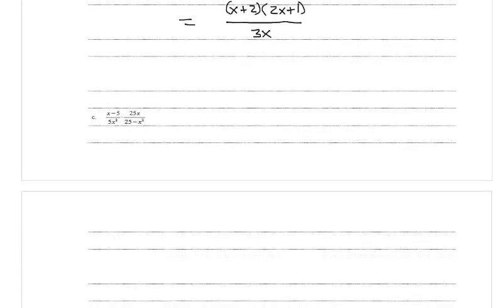In example C, I have x minus 5 divided by 5x squared times 25x divided by 25 minus x squared. I'm going to rewrite it as one fraction: x minus 5 times 25 times x, divided by 5x squared, and then 25 minus x squared.